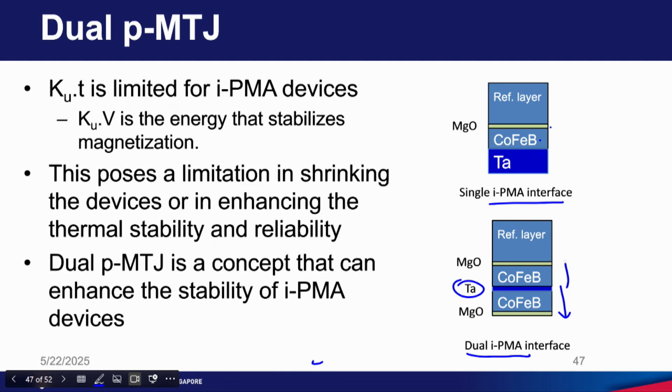If you look from here, you have another tantalum, cobalt iron boron, magnesium oxide. Okay, so now you have two magnesium oxide layers. Basically, you are now doubling the volume, right? So you have two layers storing information. So you can basically double the volume. So that is the idea of this dual perpendicular magnetic tunnel junction.